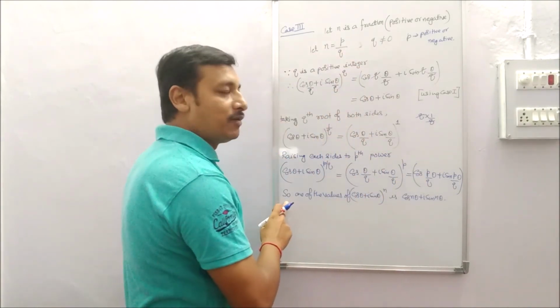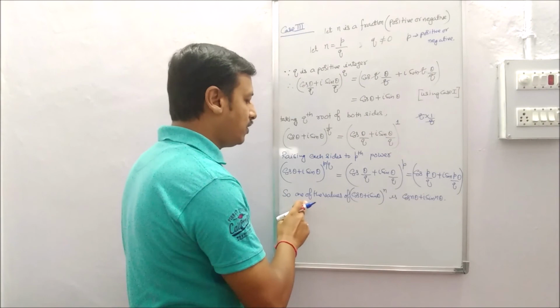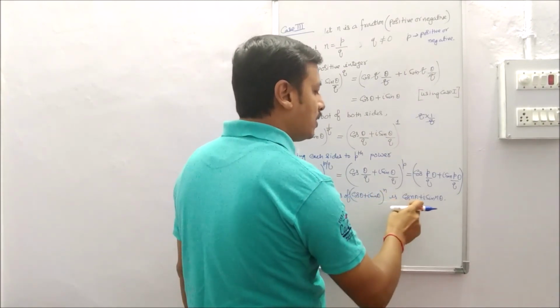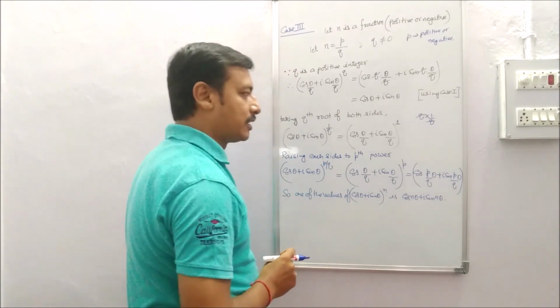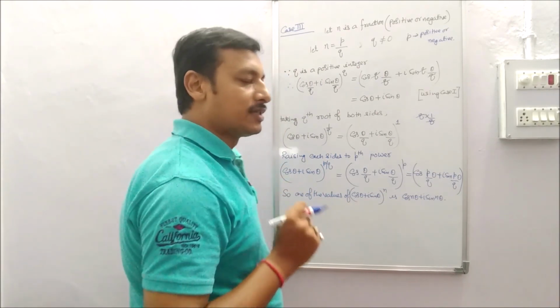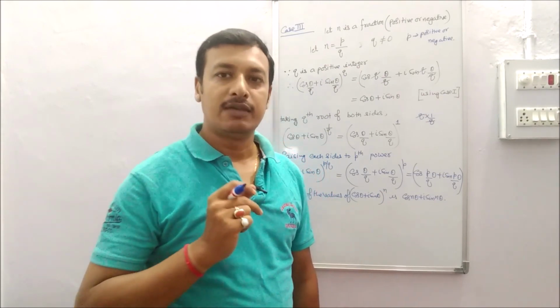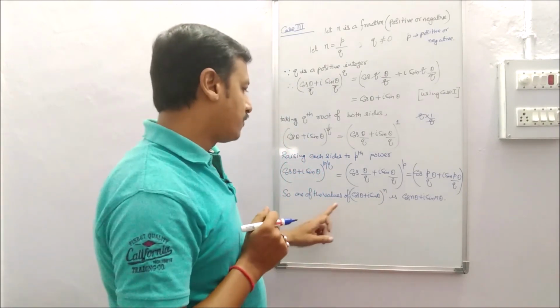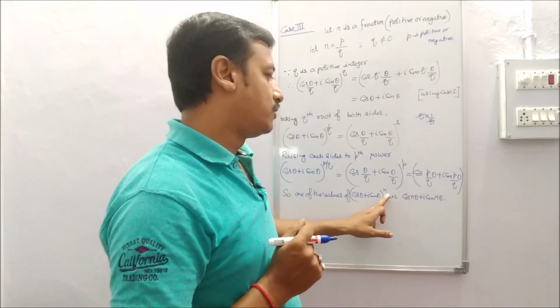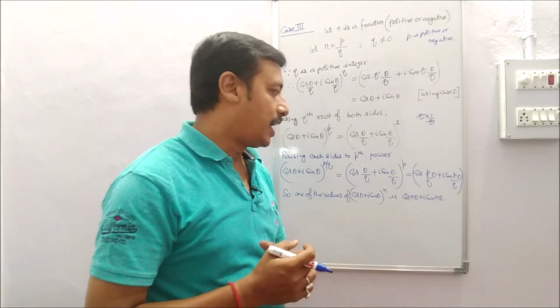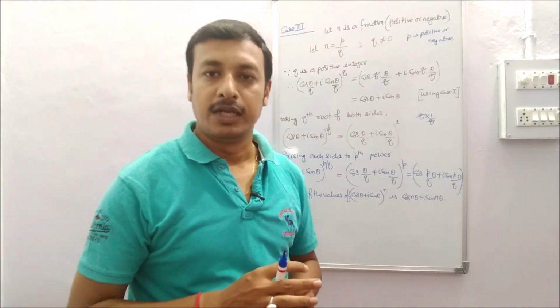So we can prove that one of the values of (cos theta plus i sin theta) to the power n is cos n theta plus i sin n theta. So in all three cases, whether n is positive, n is negative, or n is a fraction, the value of (cos theta plus i sin theta) to the power n is equal to cos n theta plus i sin n theta. This is De Moivre's theorem.